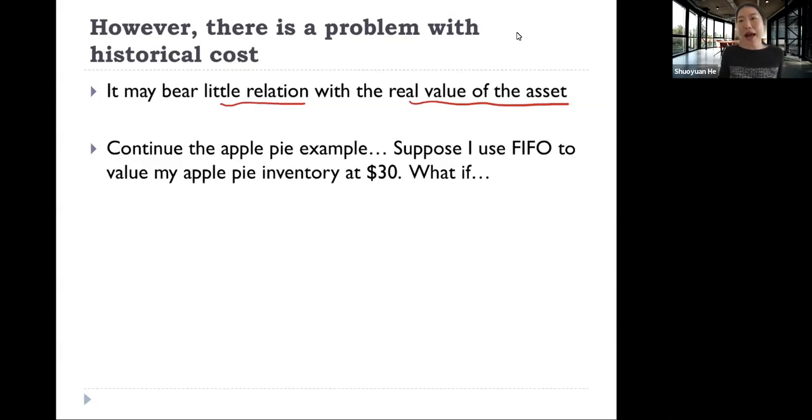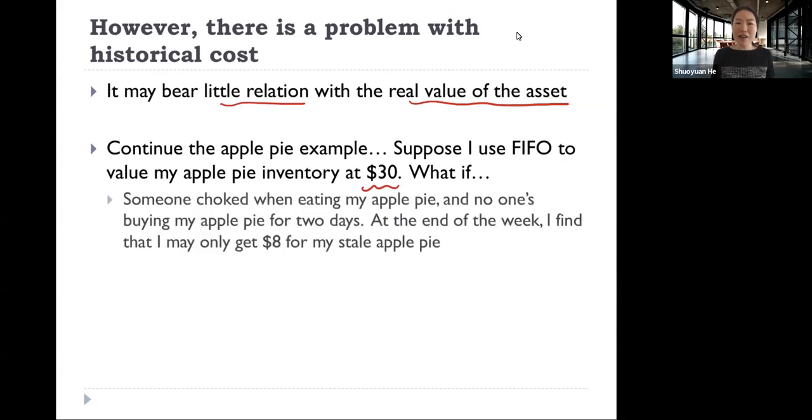Let's continue with the apple pie example we had from last class. Supposedly I'm using LIFO to value my apple pie inventory, and using historic cost, my ending apple pie inventory is valued at $30.